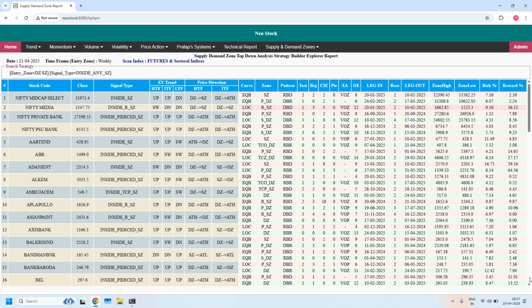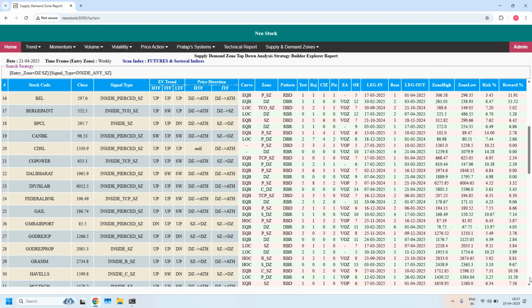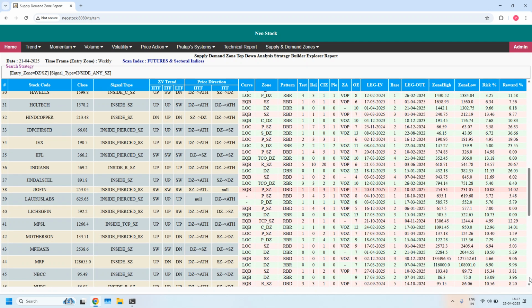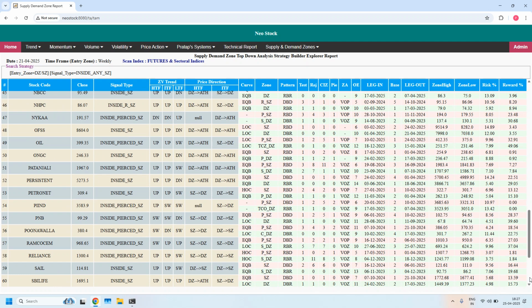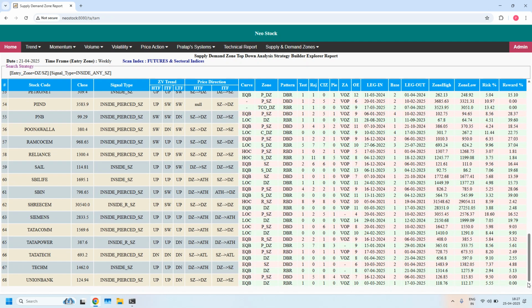Scrolling the list down. So total 68 stocks are filtered.